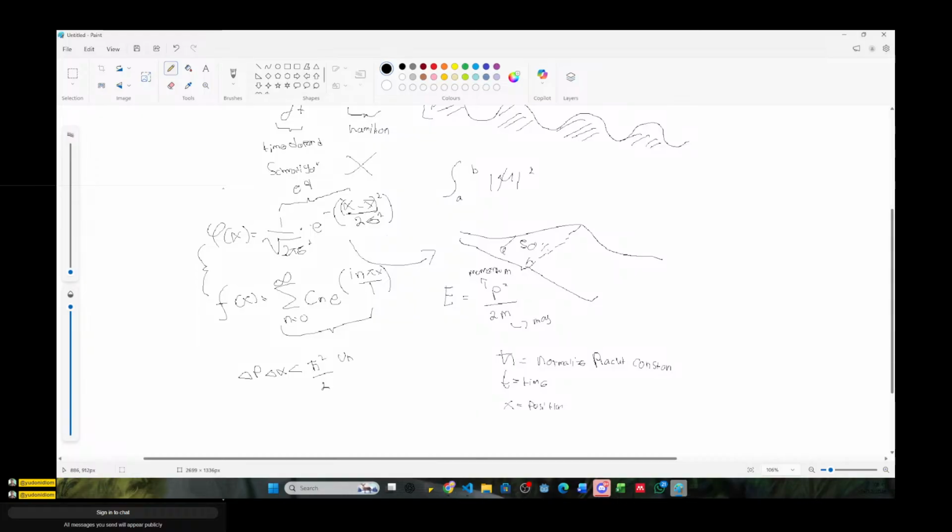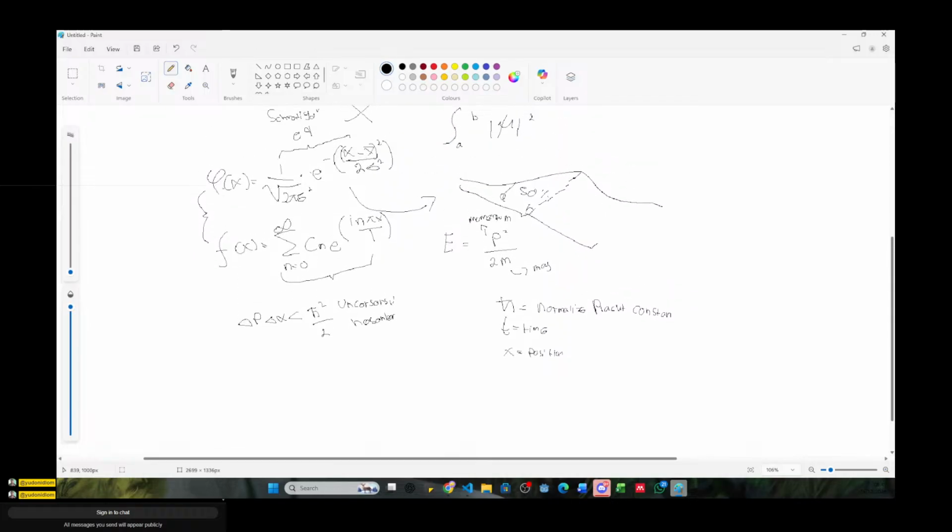This is the Heisenberg uncertainty principle, and this equation is the limit of how far we can observe the quantum world. The limit is this Planck constant.